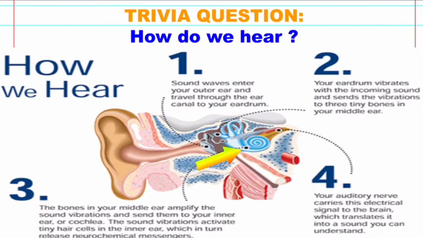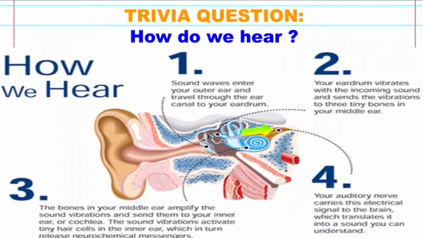The bones in your middle ear amplify the sound vibrations and send them to your inner ear or cochlea. The sound vibrations activate the tiny hair cells in the inner ear, which in turn release neurochemical messengers, where your auditory nerve carries the electrical signals to the brain, which translates them into a sound you can understand. And that's how we hear.